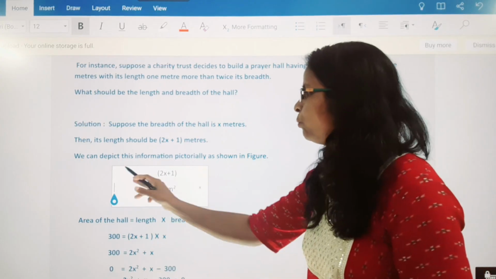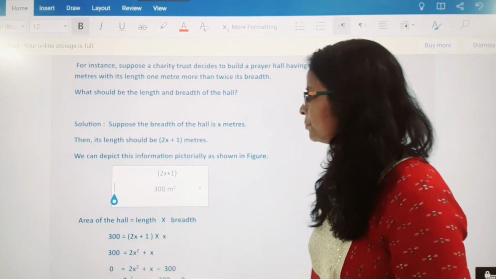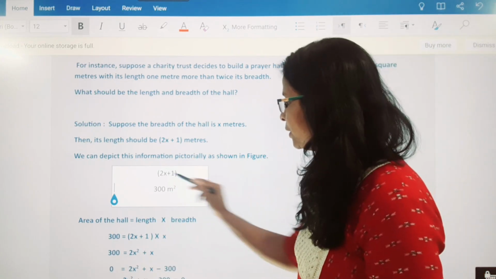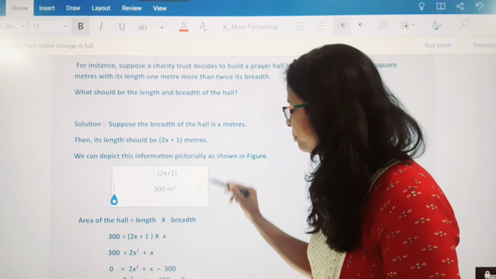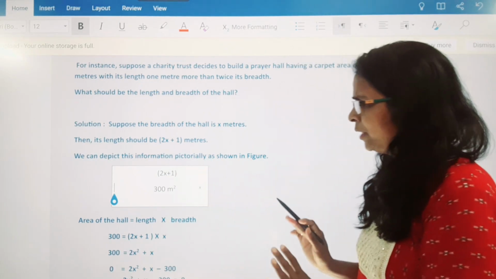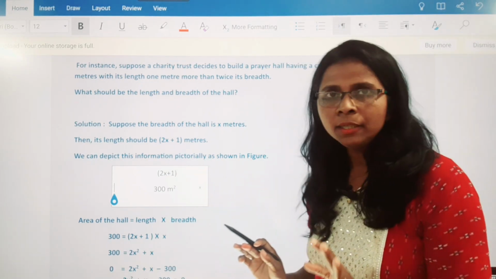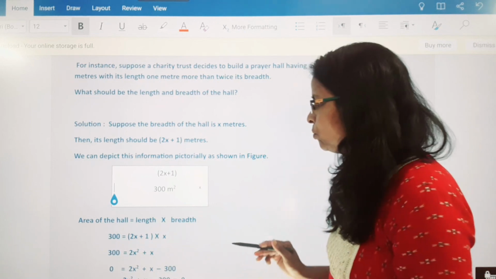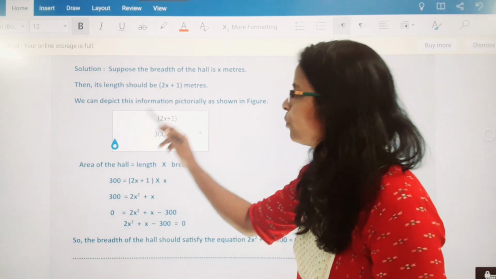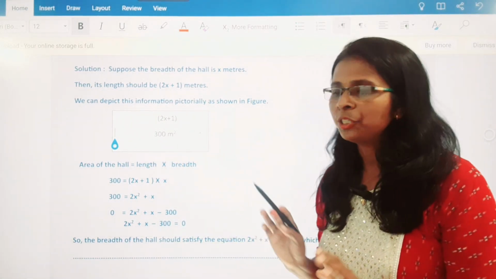First we draw the rectangle, considered as a prayer hall having the length 2x plus 1, breadth x, and its area would be 300 meter square. So how can we form the quadratic equation from this information?